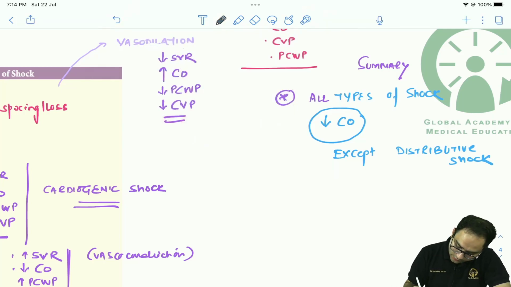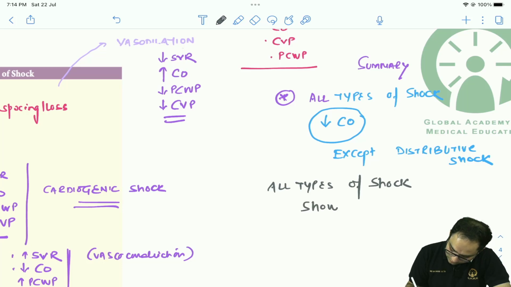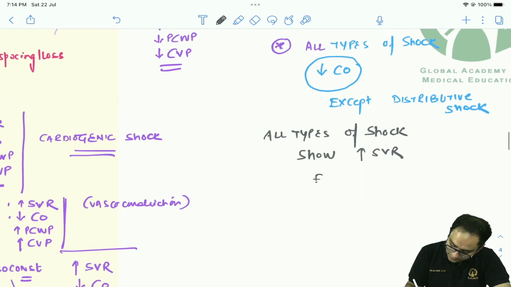Another thing I would like to write, all types of shock show increased systemic vascular resistance. Again, the exception is distributive shock.